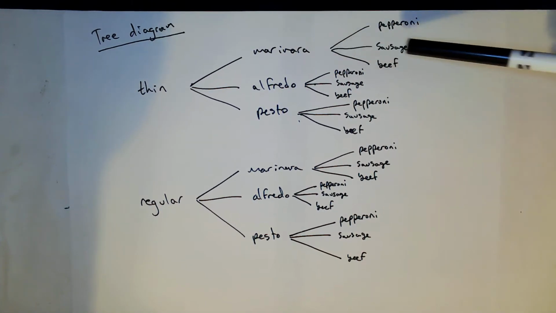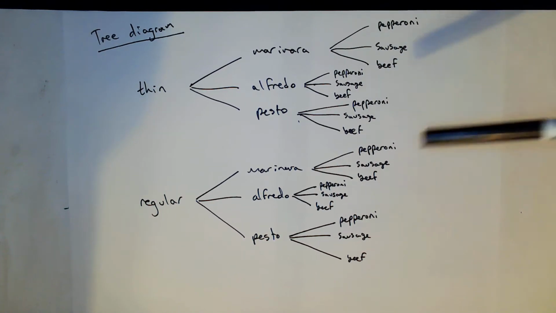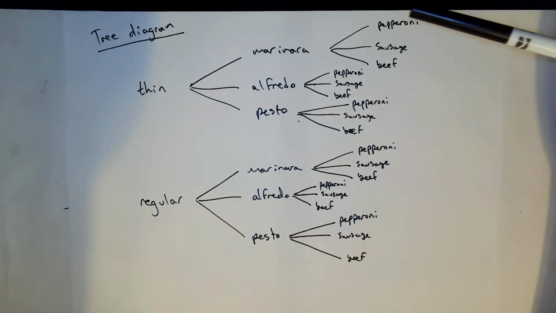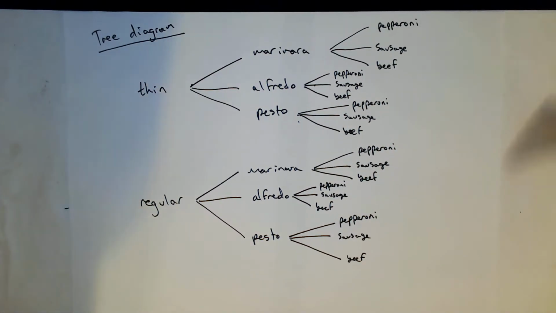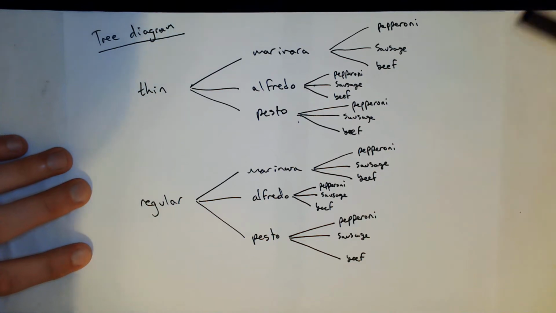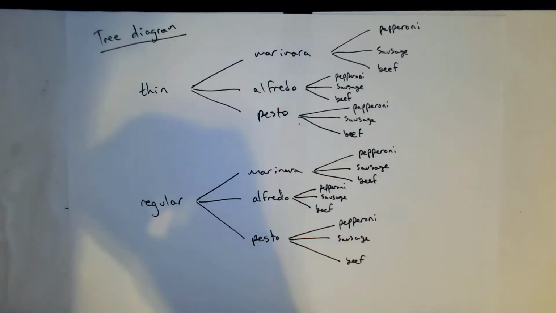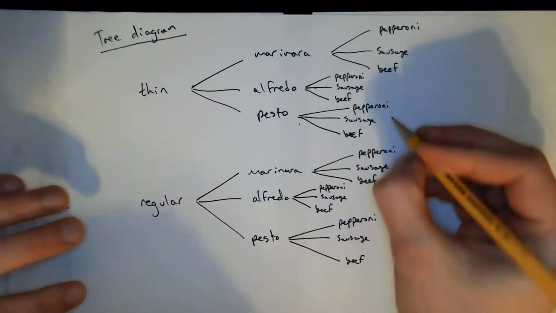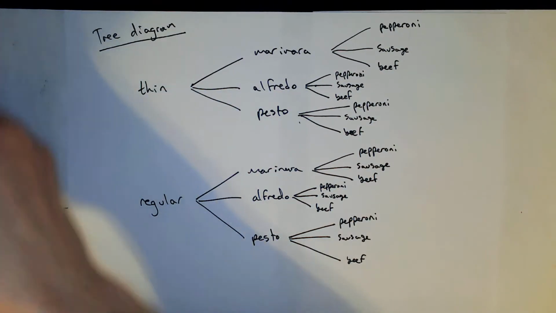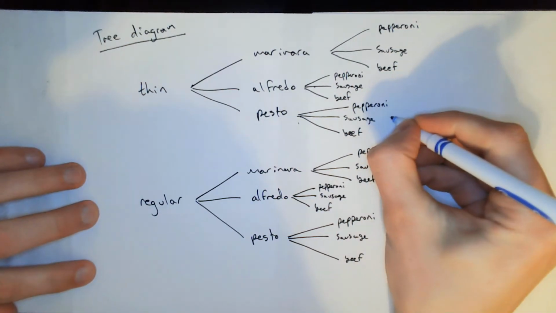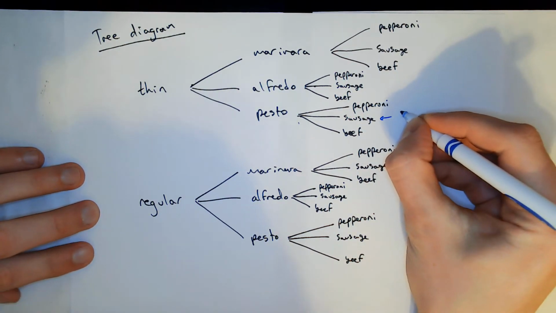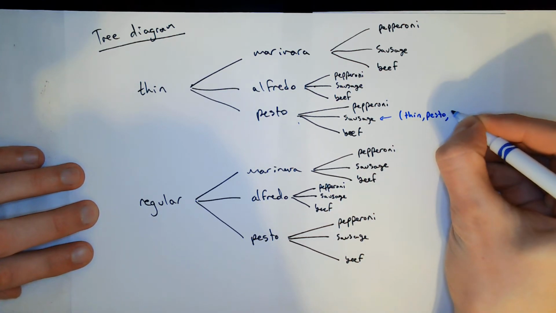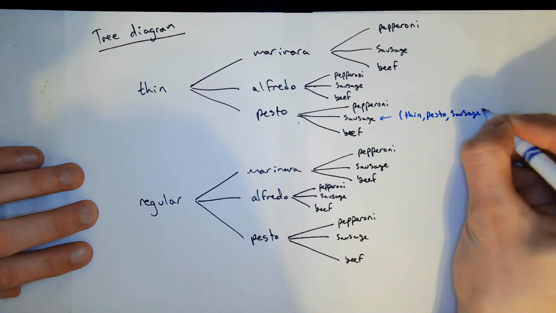Well, the end of each one of these represents a full, unique triple of crust, sauce, and topping. Like for instance, this one right here represents the triple of thin pesto sausage, right?